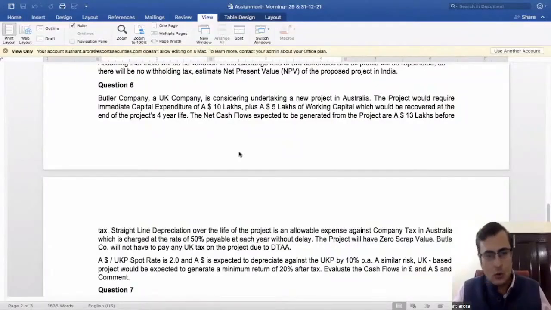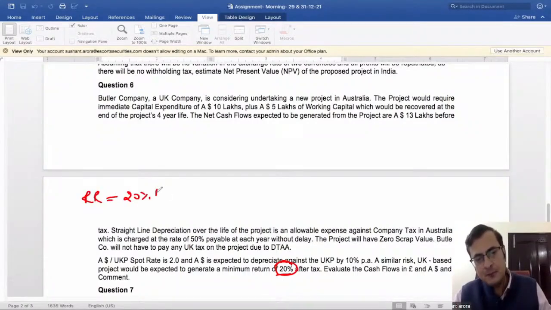I hope everybody is attentive. Sairam, Akash, Harshit, pay attention. In this question, you are given that the required rate of return is 20% in the UK, and we require the required return in Australian dollars.